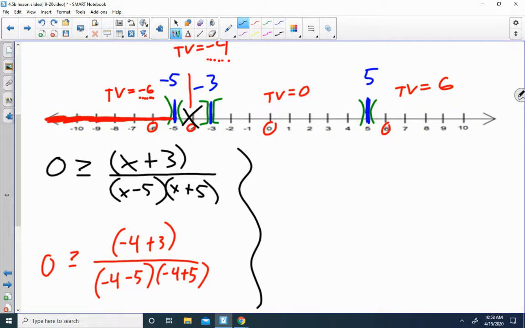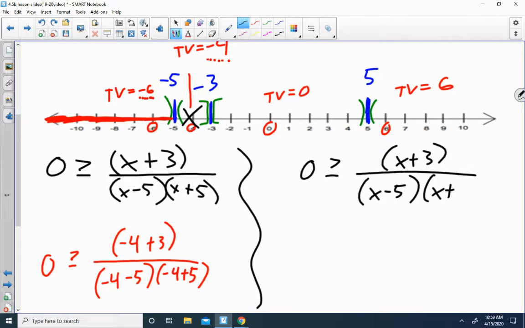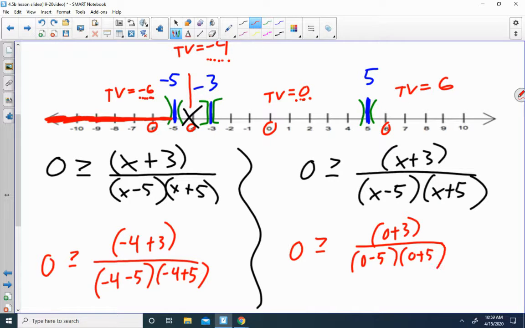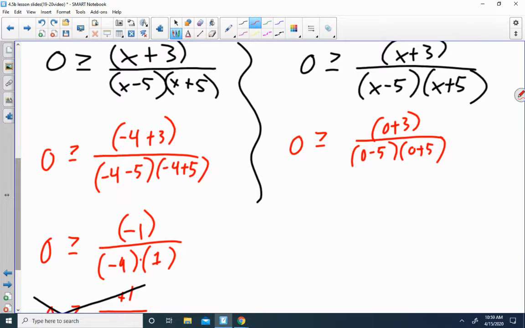Okay, halfway done. I'm going to move to the right side of the screen to do the rest of my plugging and chugging. So (x plus 3) all over (x minus 5)(x plus 5). And this time we're going to be testing the third test value, which is 0. So let's plug in 0. So 0 plus 3 all over (0 minus 5)(0 plus 5). Here we're going to have 0 greater than or equal to 3 on top, -5 and +5 on bottom.